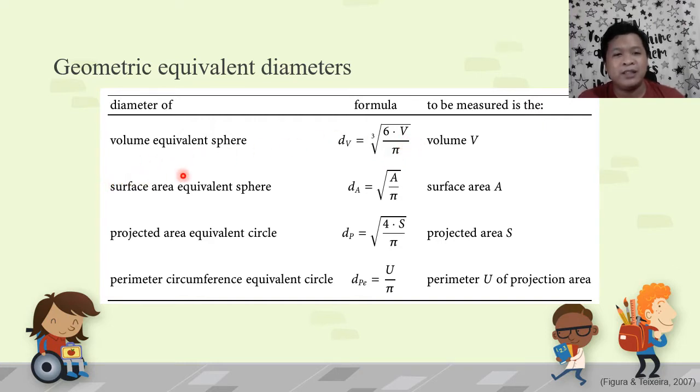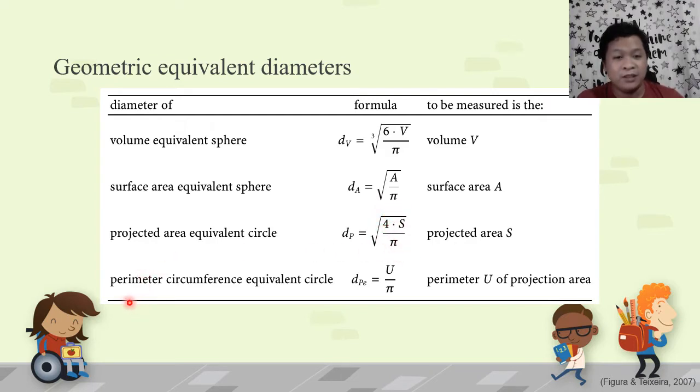Okay, surface area equivalent sphere. So the equivalent diameter would be equal to the square root of the area over pi. Projected area equivalent circle, you have your projected area S, so the diameter is the square root of 4S over pi.